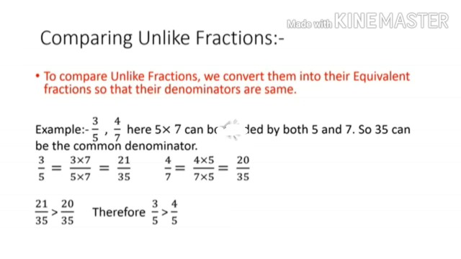Therefore, our original fractions, 3 upon 5 and 4 upon 7, 3 upon 5 will be bigger than 4 upon 7, as 21 upon 35 is the fraction of 3 upon 5, correct?